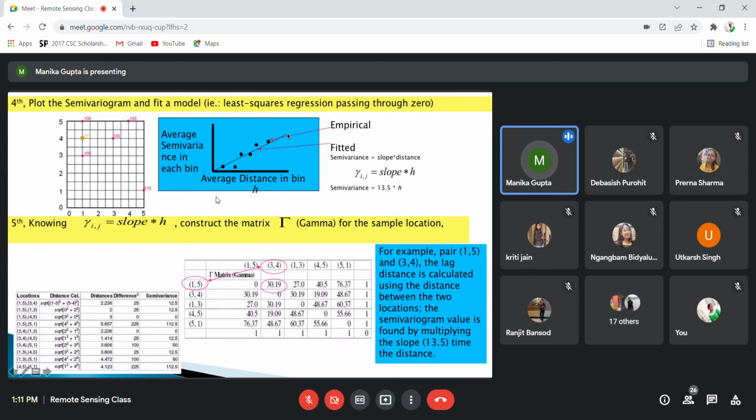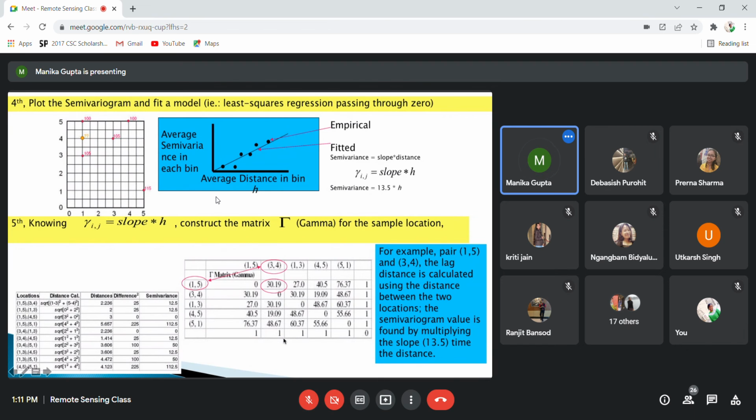You can try this part. You can try getting this slope in Excel. You put the points you have, the distance and the semi-variance, plot this in Excel or anywhere, calculate the slope, and see if you get 13.5 or not. If you get that slope, then you can create this matrix.